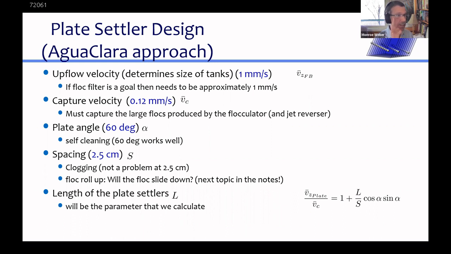You're trying to understand why it is good to have plate settlers that have some angle, which Monroe randomly pulled out as 60 degrees. Not all plate settlers are at 60, some are at slightly shallower angles. I don't think there's anybody that goes steeper. And the question is, what fails if you go to 90 degrees or if you go to 0 degrees, and what is good about being in the middle? That's your question.